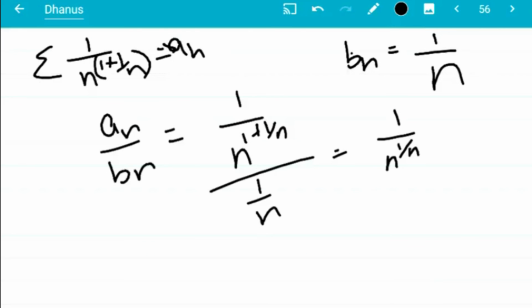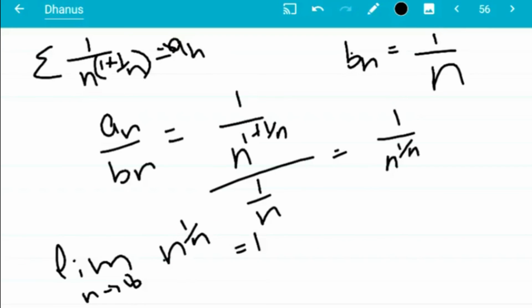Then the limit of n raised to 1 by n as n tends to infinity equals 1, which implies the limit of An by Bn as n tends to infinity equals 1.